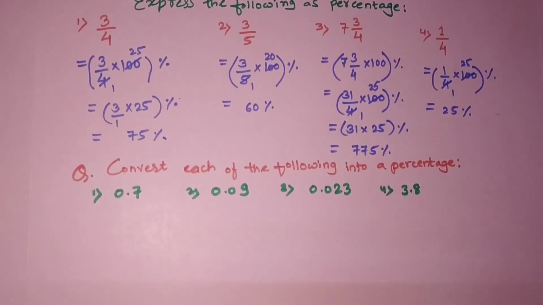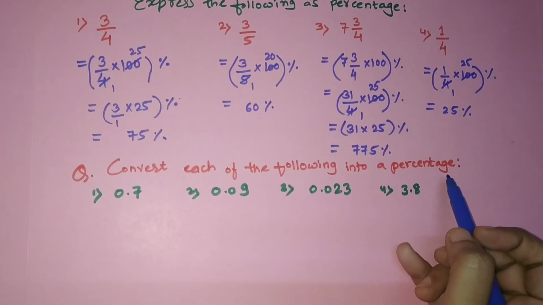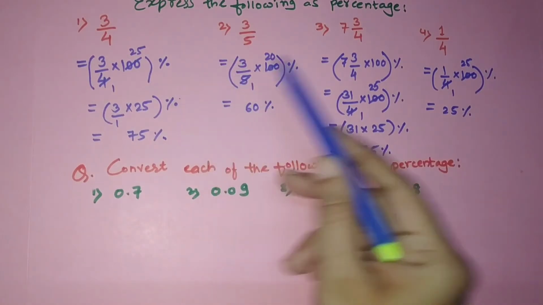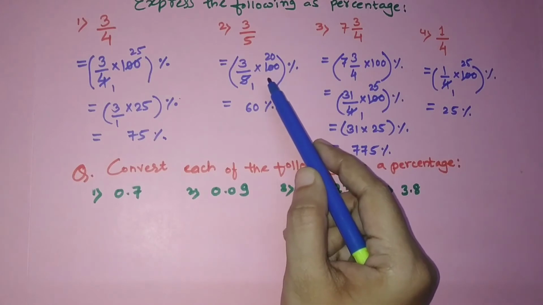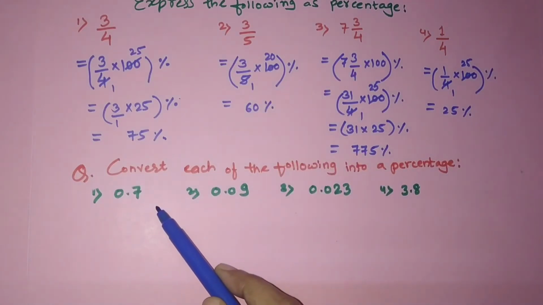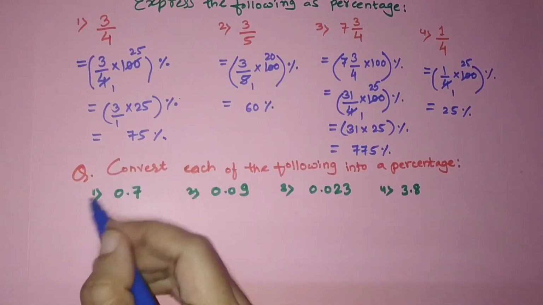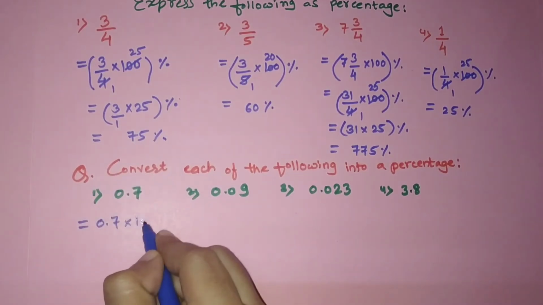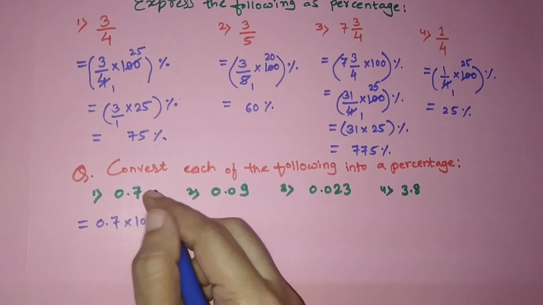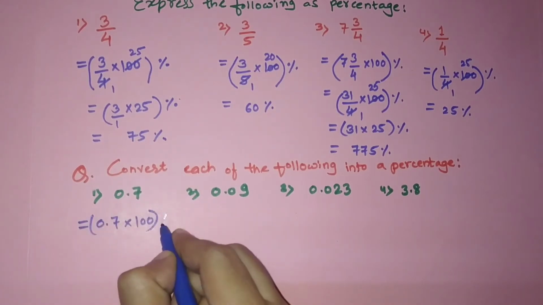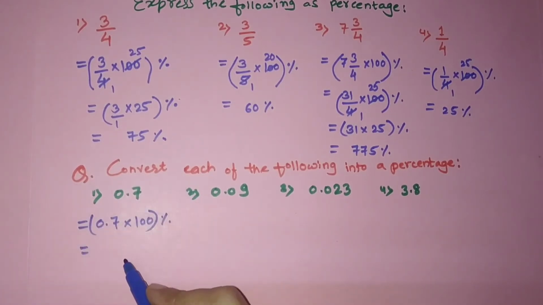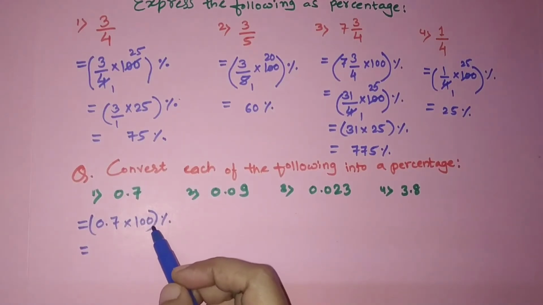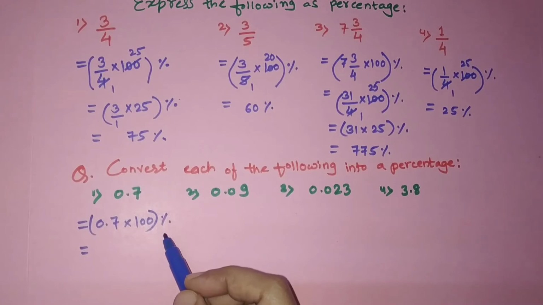Now, friends, we will convert each of the following into a percentage. We know that to convert a fraction into a percentage, we multiply by 100%. So here also we multiply by 100. Here we have 0.7, and we just need to multiply it by 100. After multiplying by 100, we give a percentage sign. In the decimal lesson we learned that multiplication with 10 and powers of 10 is very easy.